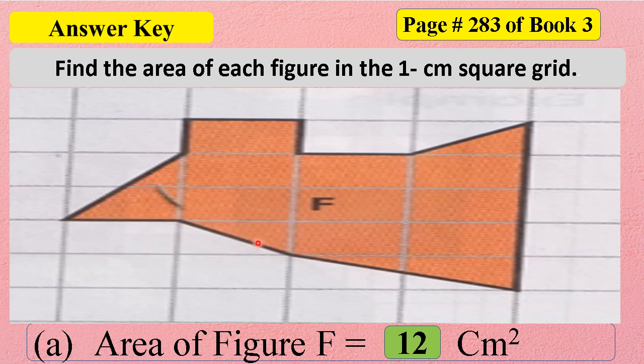Half square unit and half square unit is equal to 1 square unit. 7 plus 1, 8. 9, 10, 11. Half square unit and half square unit is equal to 1 square unit. 11 plus 1, 12 square units are there. Area of figure F is equal to dash centimeter square, 12 centimeter square, and this is your answer.